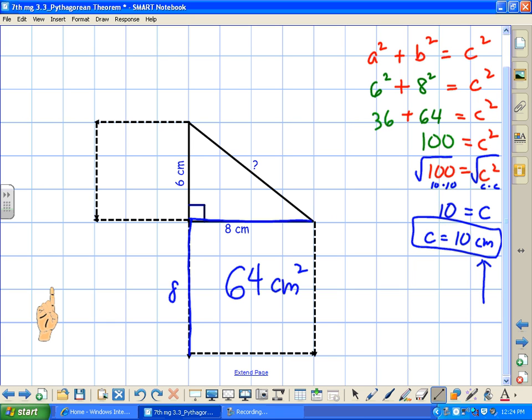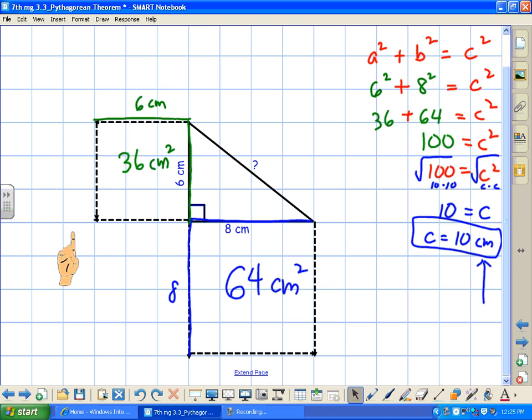And notice how this length is a 6, and I've created another side of 6 to have a perfect square that's 6 centimeters on each side. And so 6 times 6 is 36 centimeters squared. And that's where this comes in, the 6 squared.